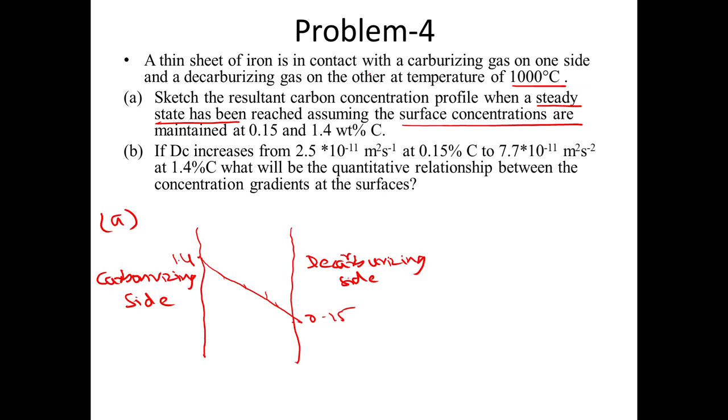That is, if DC increases from 2.5 into 10 to the power minus 11 meters square per second at 0.15 to 7.7 into 10 to the power minus 11 meters square per second at 1.4 mole, what will be the quantitative relationship between the concentration gradient at the surfaces?